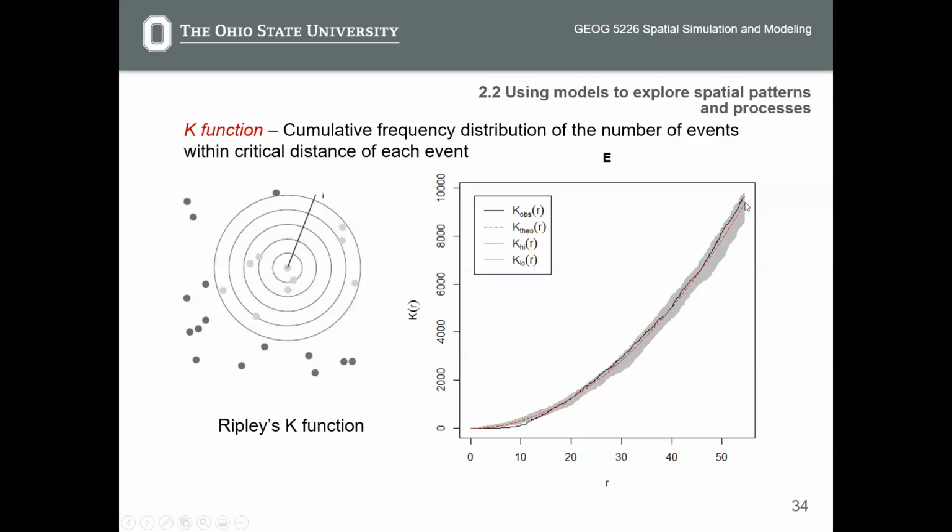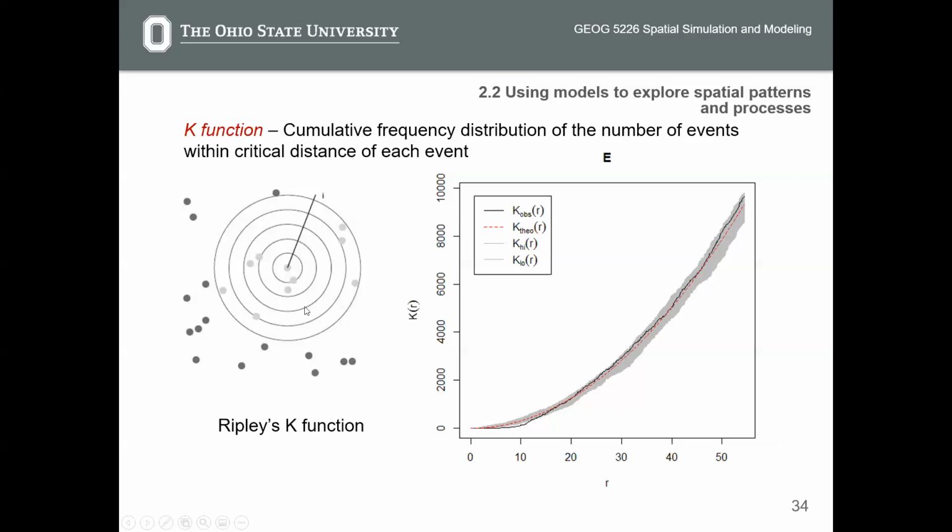We run a simulation model many times to form an envelope and check if the observed phenomenon is inside this envelope. And of course, we also need to know if the theoretical curve or theoretical phenomenon is inside this envelope. Okay, so this is the K function, but let's get back to the K function.